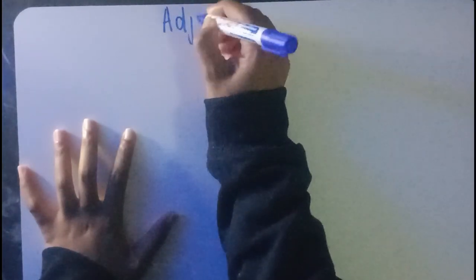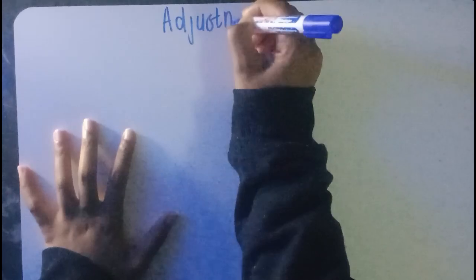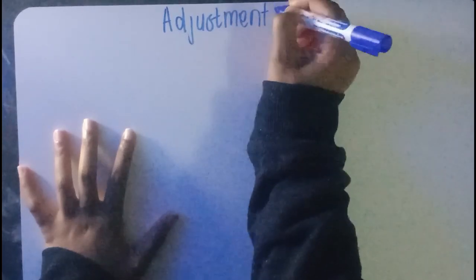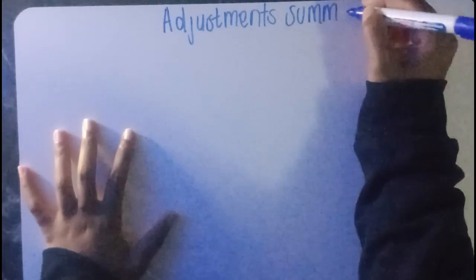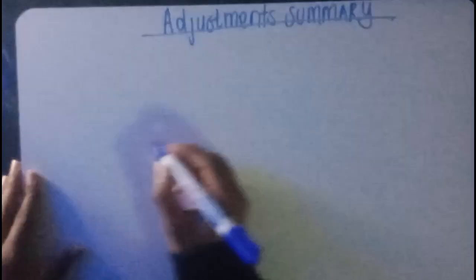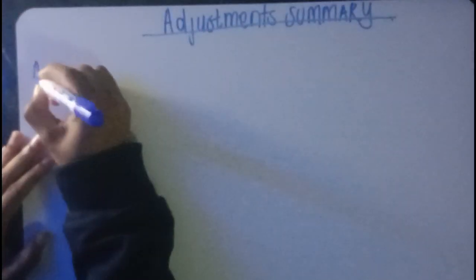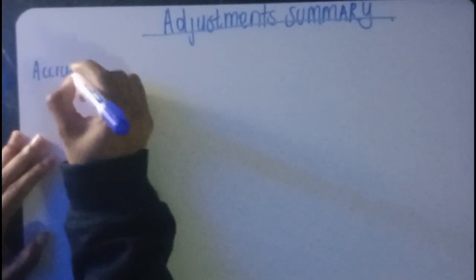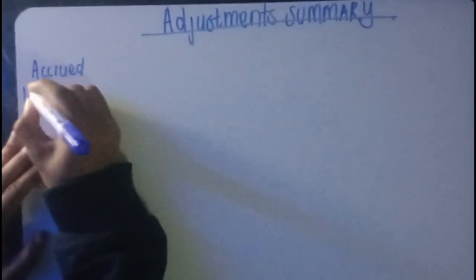Yeah, so we have adjustments summary. Right. So firstly, I'd like us to start with accrued income.